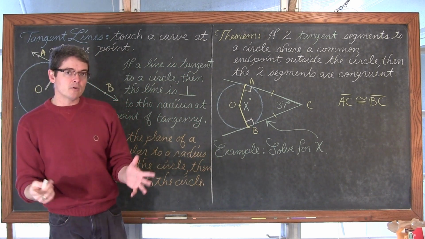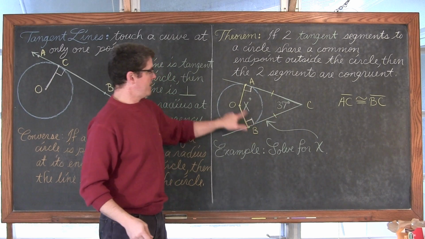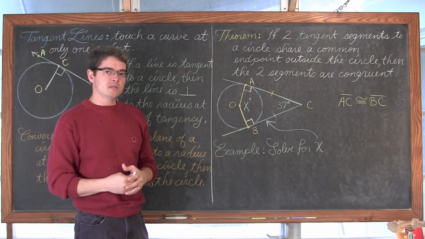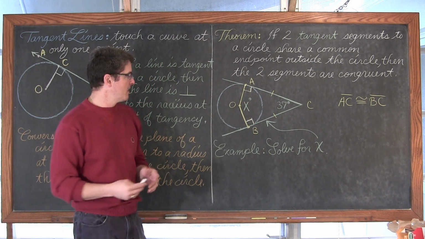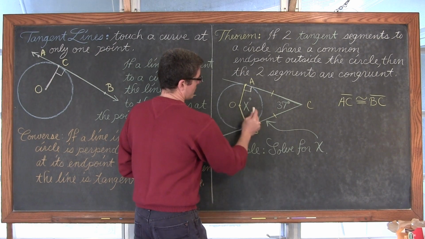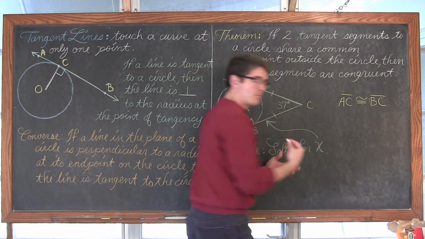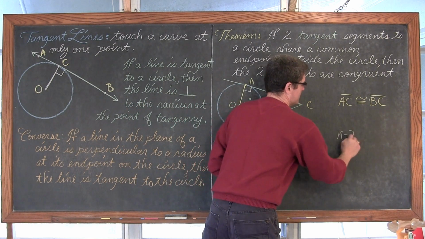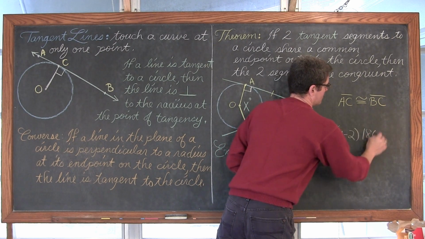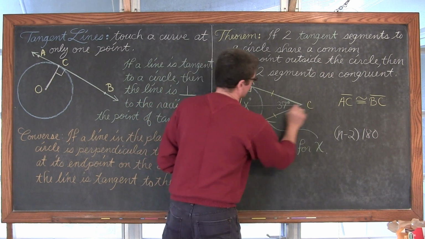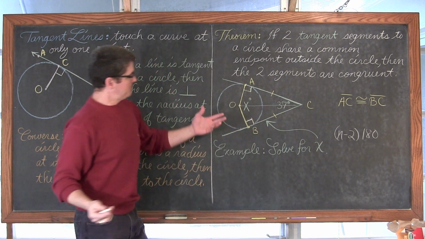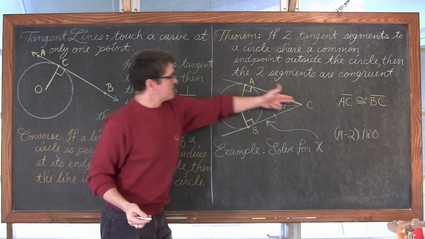So, if you remember that the interior sum of a quadrilateral, a four-sided figure, is equal to 360 degrees, and you can do that by remembering that the sum of all the interior angles is n minus 2 times 180, or just simply the number of triangles you can draw: pick an angle, draw as many diagonals as you can.